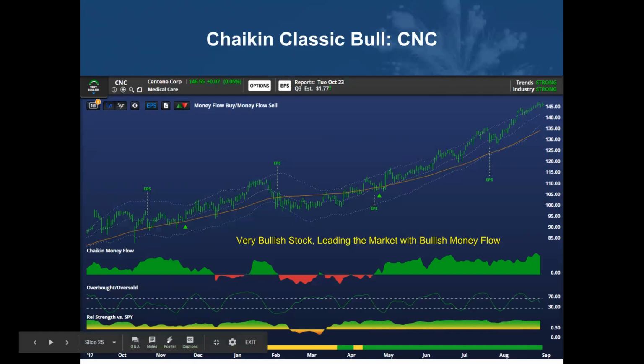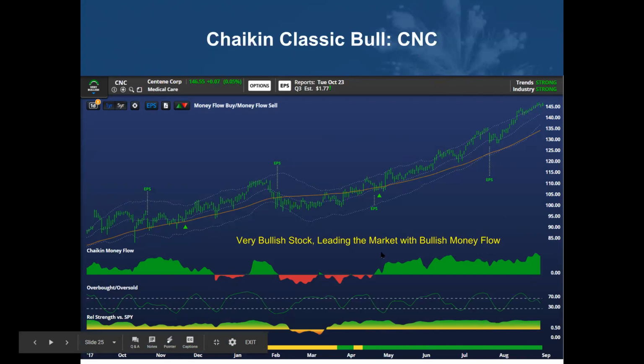Now, we read our charts from the bottom up, and this ribbon at the bottom of the screen tells us where the Chaikin Power Gauge rating currently is and where it has been over the past 12 months. Green is that bullish or very bullish rating. Next, we look at how the stock is performing relative to the market, and this is really important. Green means it's intensely outperforming the market.